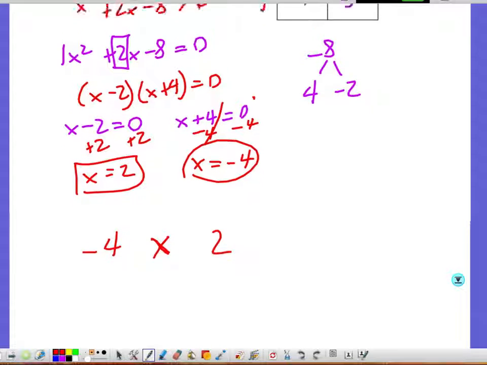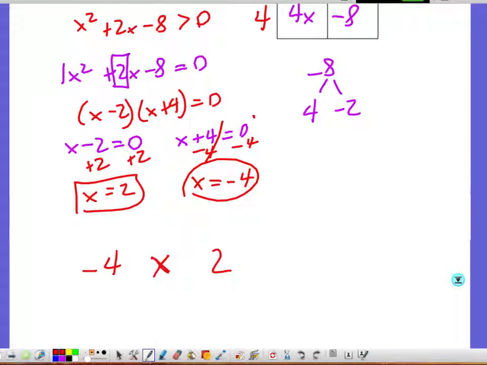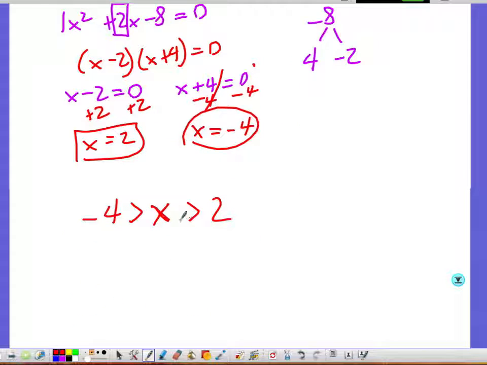And finally, all I need to do is use the inequality that I started with, which is greater than. And so I'm going to have greater than on both sides. And so my final solution set is going to look like this. It's going to be x such that negative 4 is greater than x, and x is greater than 2. That's it.